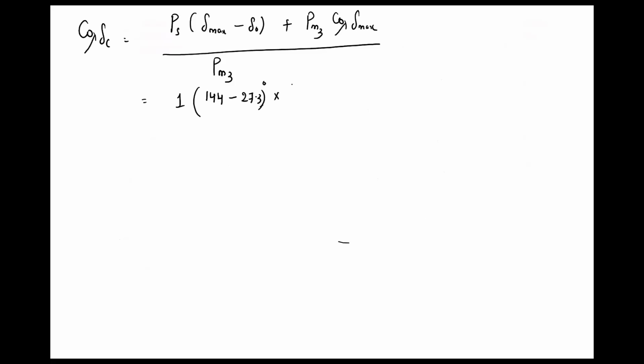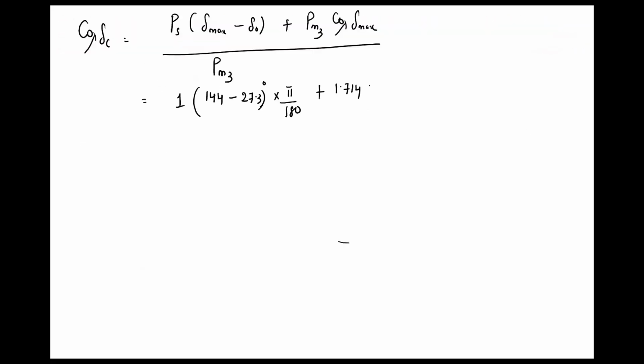I'll convert this into radians by pi by 180, plus PM3 is 1.714 into cos of 144, divided by 1.714. Understand?